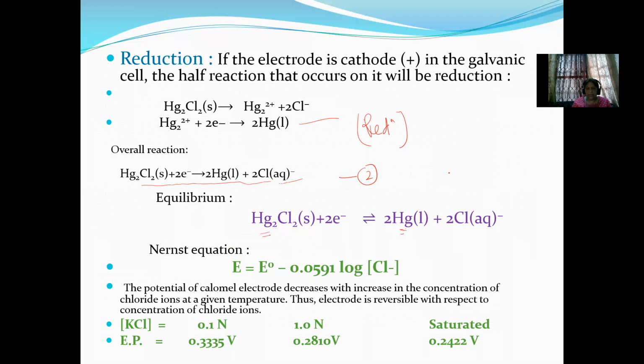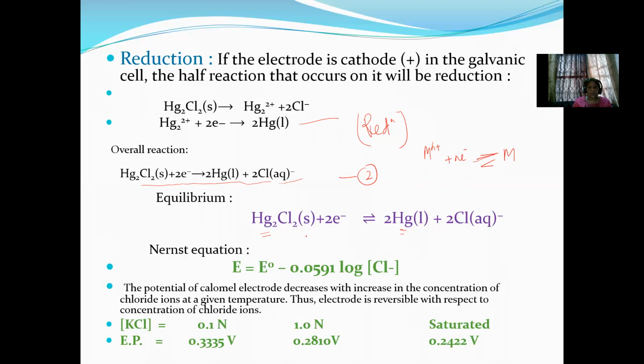Okay, here you see. If I write the general equilibrium, metal ions in equilibrium with the pure metal. This equilibrium exists on every electrode surface. You can see that the reduction reaction is written in the forward direction. Why? Because every electrode potential means a reduction potential according to the IUPAC convention.